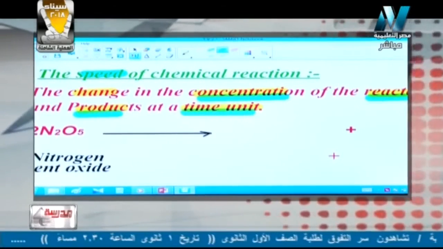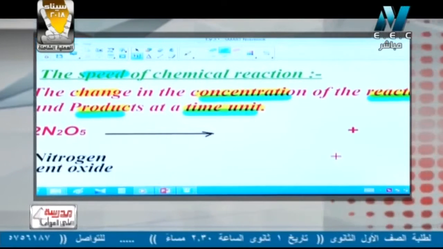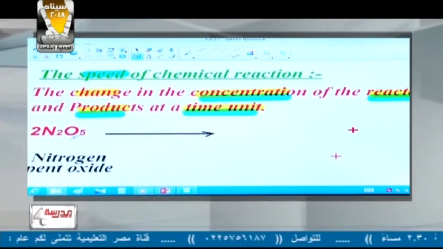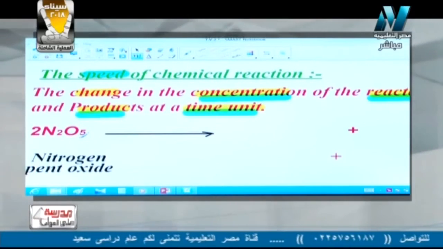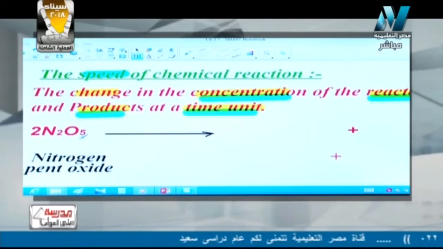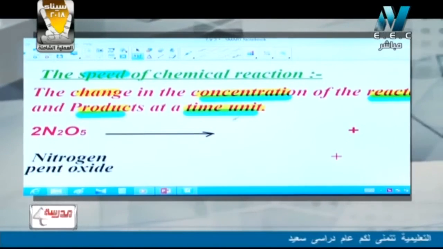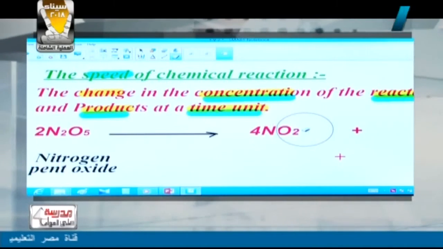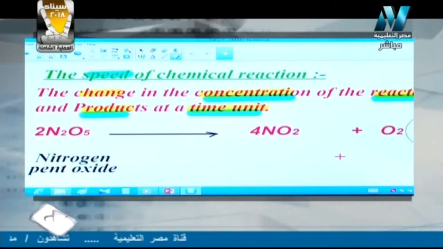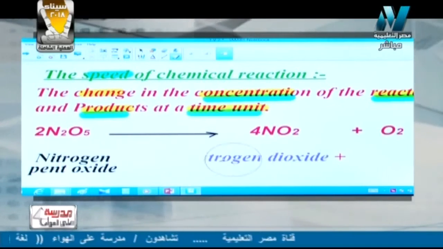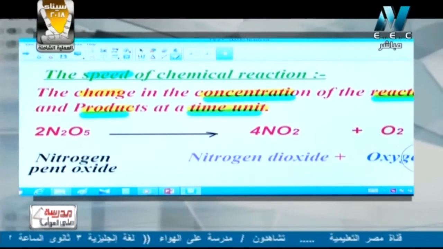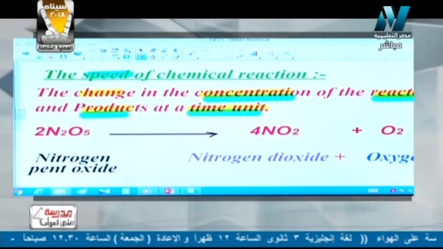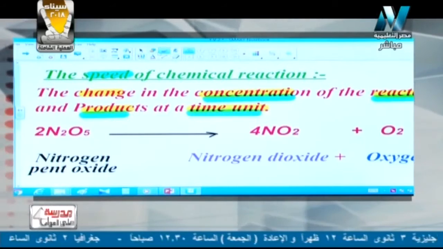As we have here a chemical equation about nitrogen pentoxide, which has 5 oxygen atoms, nitrogen pentoxide will decompose into nitrogen dioxide and, at the same time, oxygen.